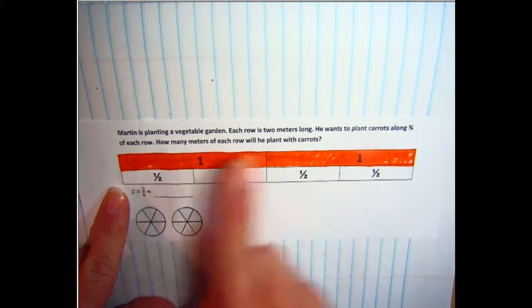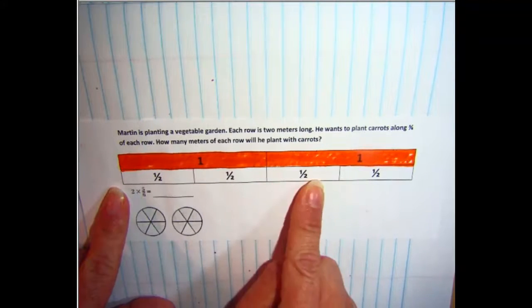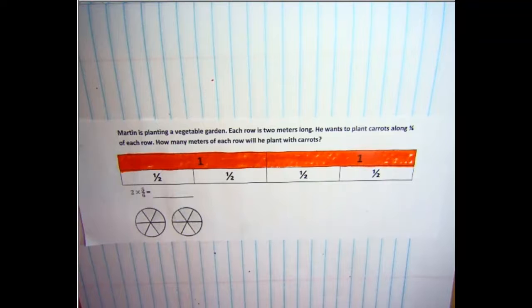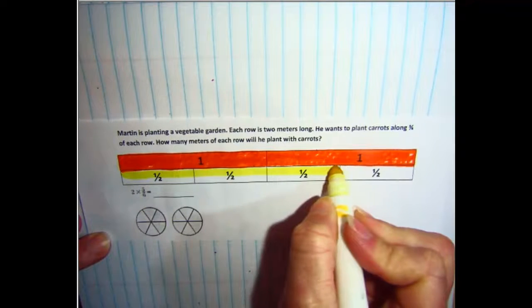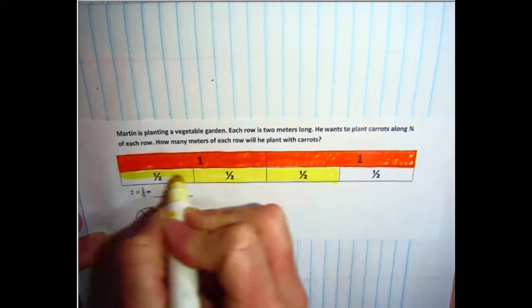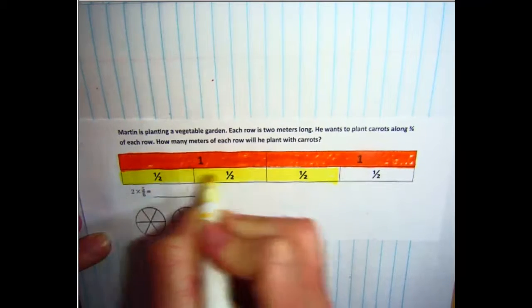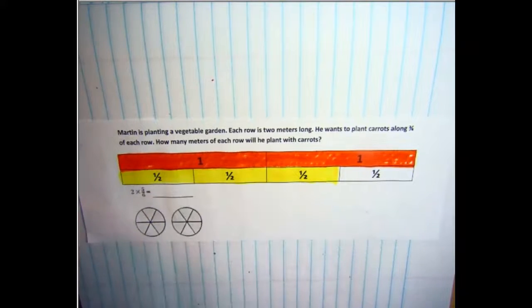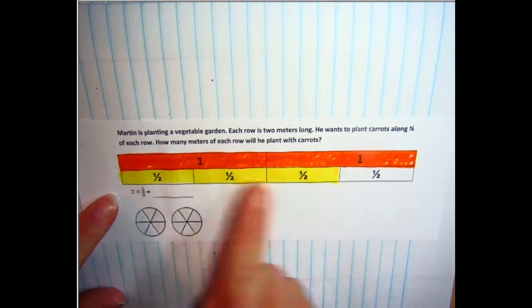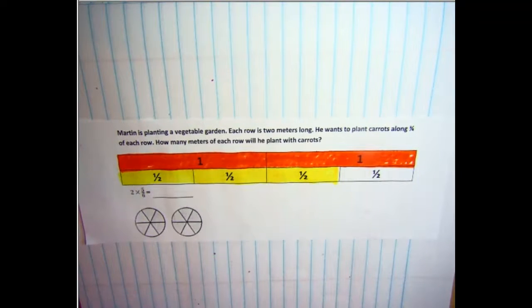If I wanted to show 3/4 of those 2 meters, how many 1/2 boxes would I shade in, Talia? 3. I can show 3/4 by shading in these 3 boxes. Now, what do those 3 yellow boxes represent?